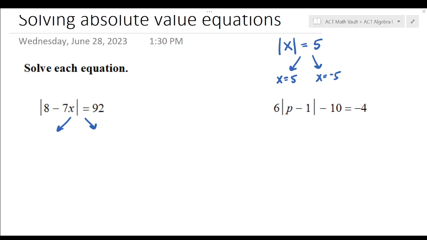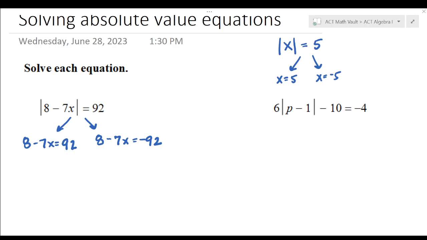I just think this is easier to say, let's just drop the bars for case 1. And then instead of making the inside negative, let's just make the 92 negative. It'd be the same thing as multiplying the whole thing by -1. So you can do that.